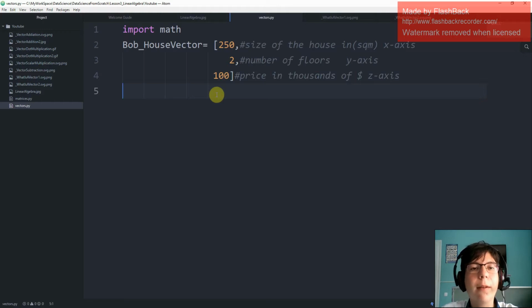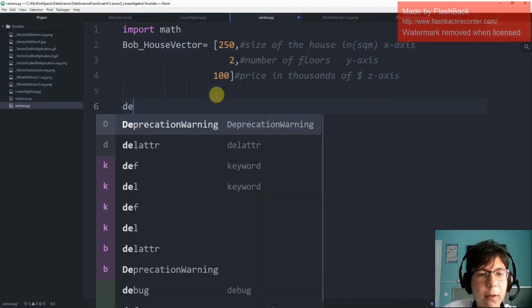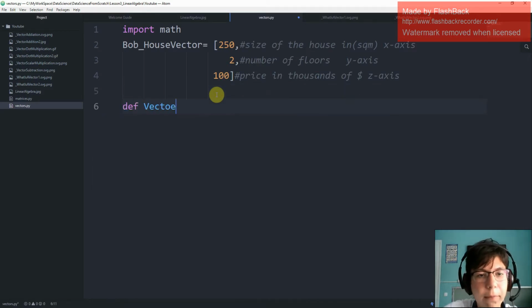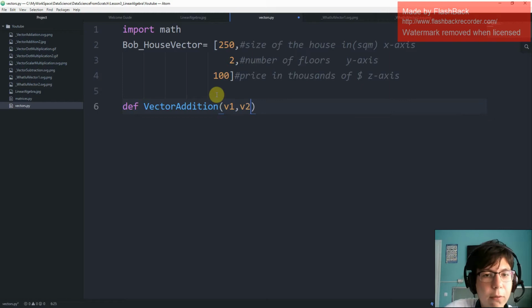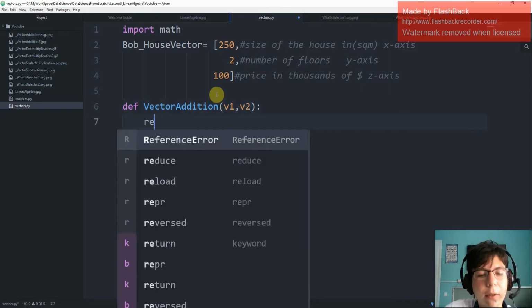One of them is adding vectors. So let's define a function called vector addition, which will take two vectors. Let's see, v1 and v2, and let's do the addition.